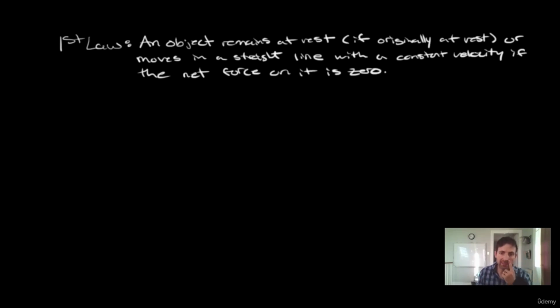So an object remains at rest if it's originally at rest, or it moves in a straight line at a constant velocity, and if the net force on it is 0. So there's no force on something if it's moving in a straight line and moves with a constant velocity. If it's at rest originally, then it will remain at rest.